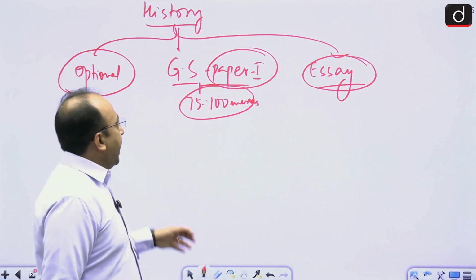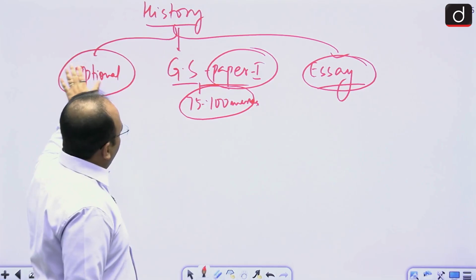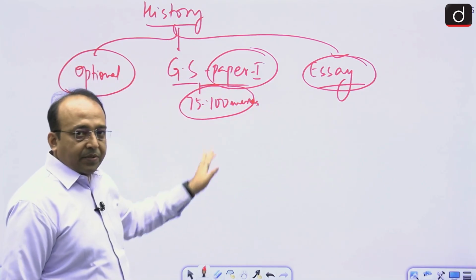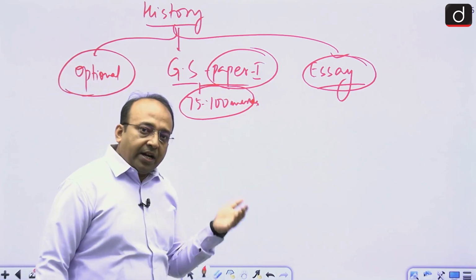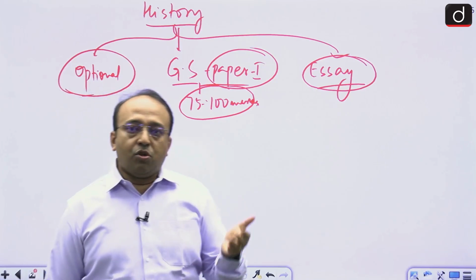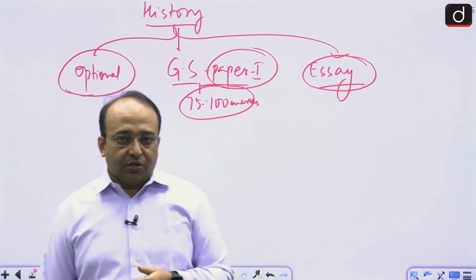So, in a nutshell, history is relevant in all of these areas directly, but at the same time, if you talk about indirect relevance of history, then you can also see the other papers of GS.